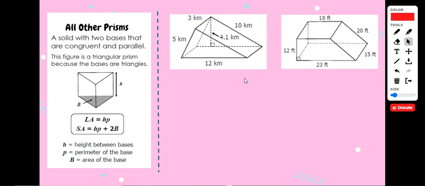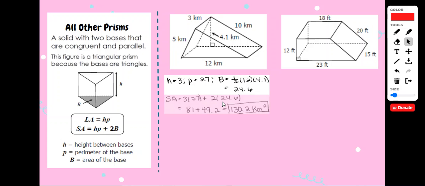For our triangular prism, you have a height of 3, a perimeter of 27, and your base should have been 1/2 times 12 times 4.1, or 24.6, giving you an answer of 130.2 kilometers square.